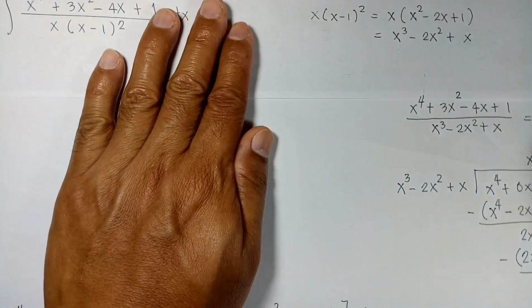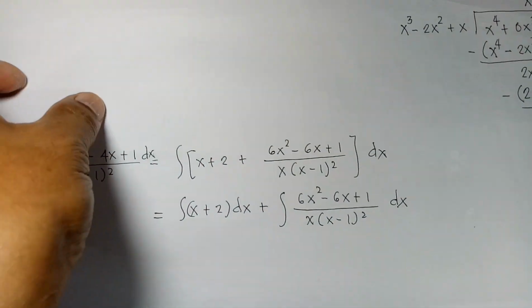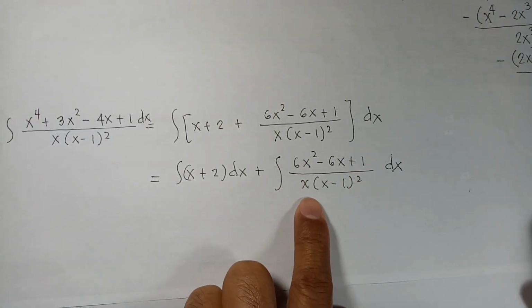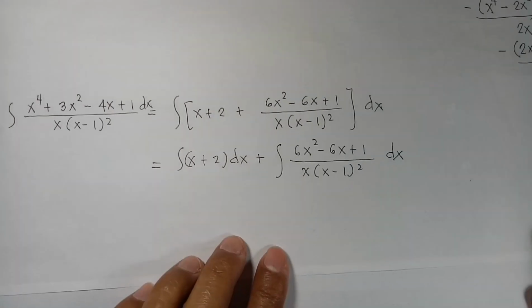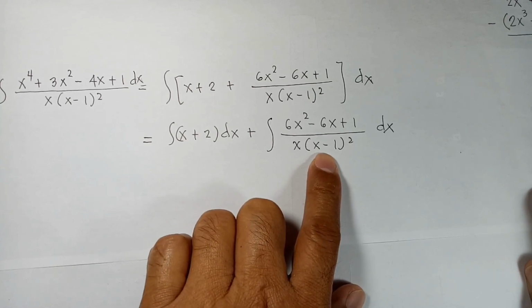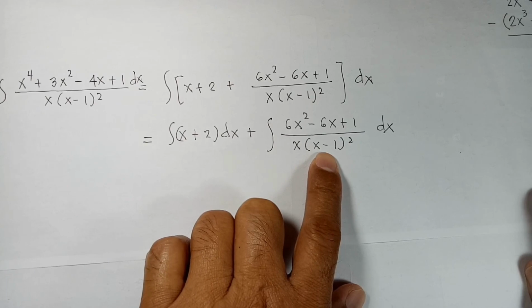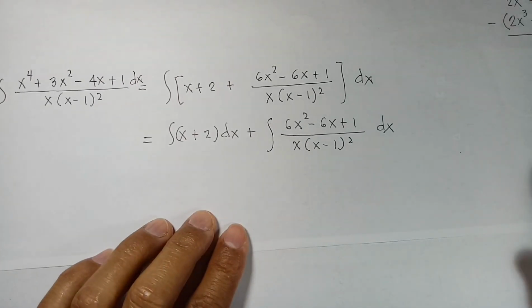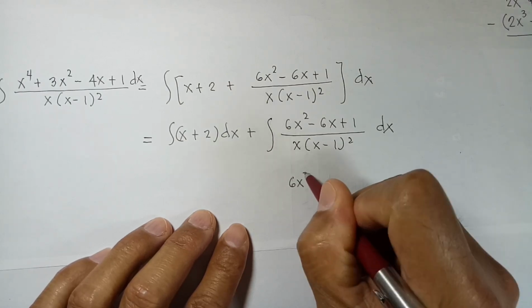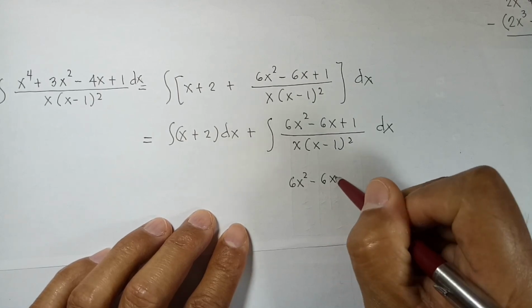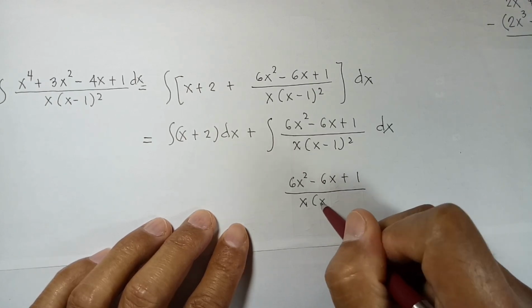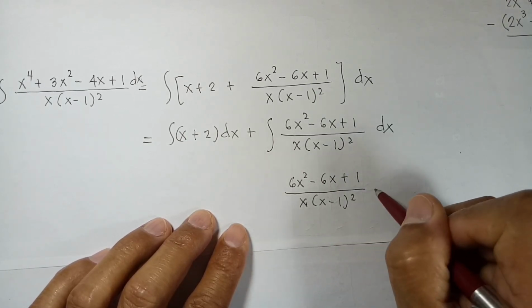Okay. So, under case 2, ngayon itong ating integral of 6x squared minus 6x plus 1 divided by x times x minus 1 squared, gagawin natin ngayon ay i-resolve natin ito into partial fractions. 6x squared minus 6x plus 1 divided by x times x minus 1 squared.